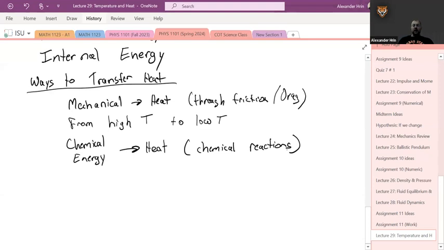So basically, you have a bunch of chemical energy in the system. Heat gets released as a result of that chemical reaction. That's exothermic. Alternatively, you can have a chemical reaction that requires an input of heat from the outside. In that case, that would be an endothermic reaction.